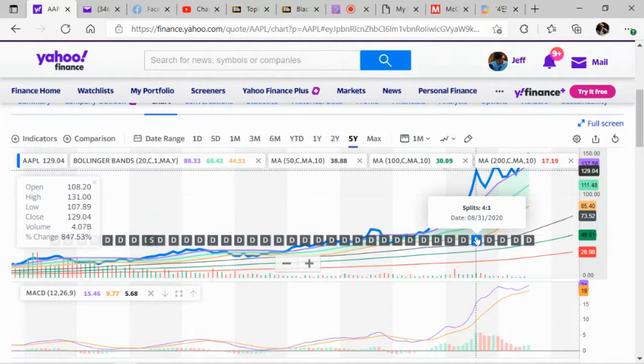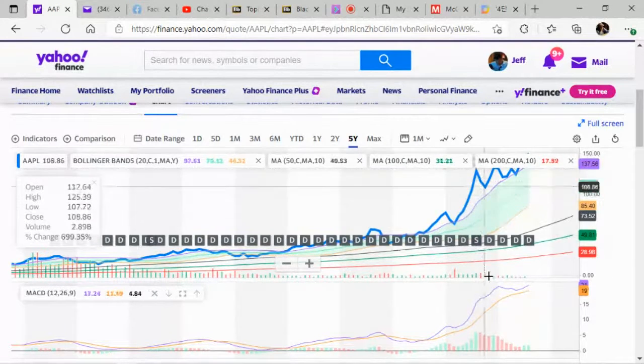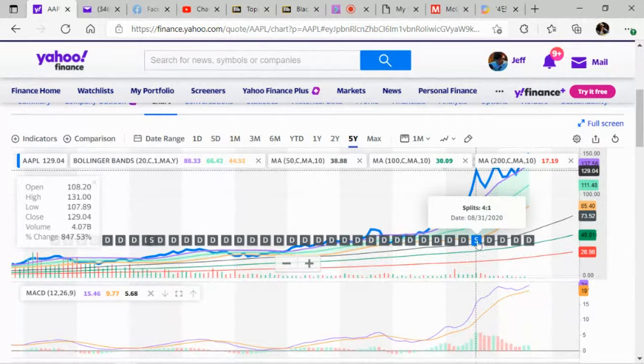Prior to the stock split, the price was 400 something, and then they did a 4-to-1 split. After the 4-to-1 split, the price is like 129. So that means prior to the stock split, the price was at least 480 something. Makes sense? 490 something.